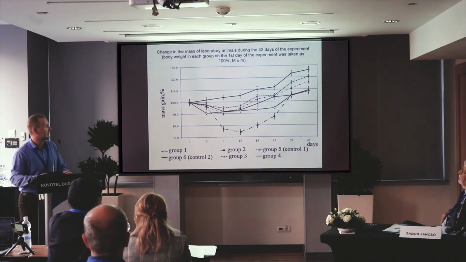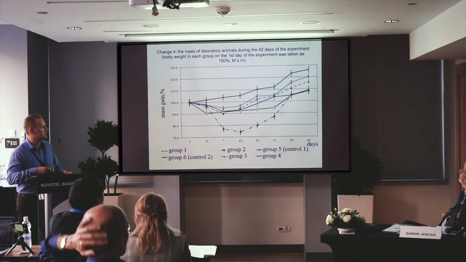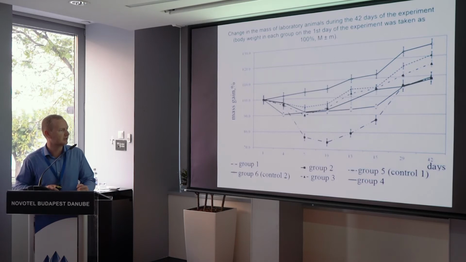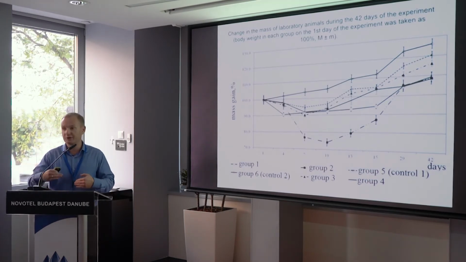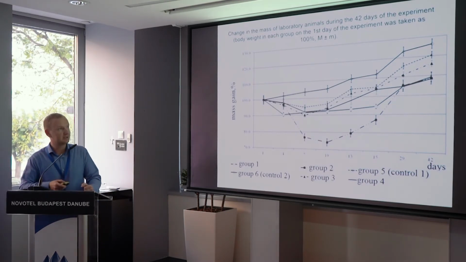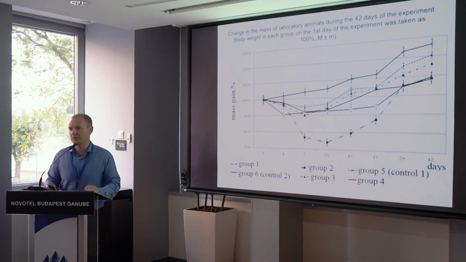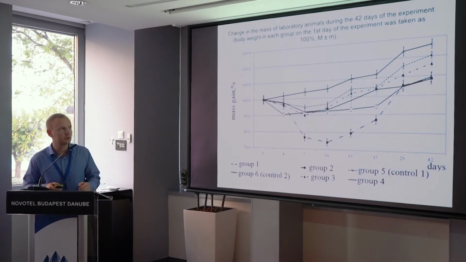Here is just the control group. And this one is the group that got the deuterium-depleted water 14 days before modeling endotoxicosis. We see it's near the control group, which was without any experimental change and drank regular water.